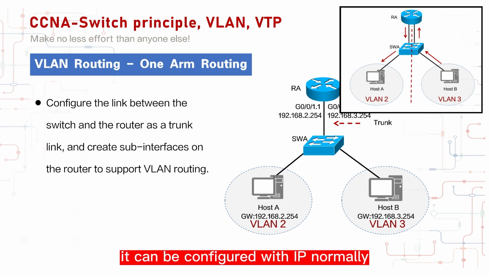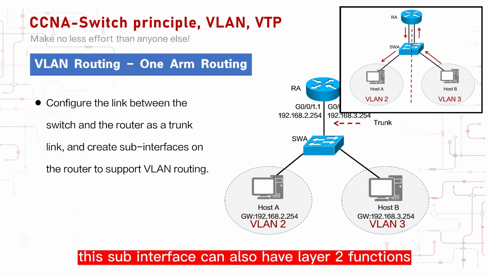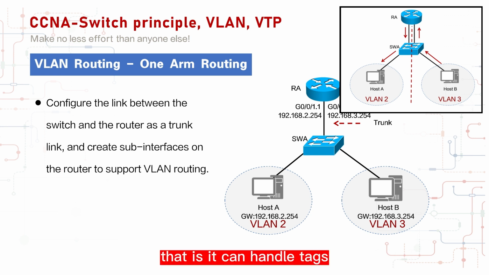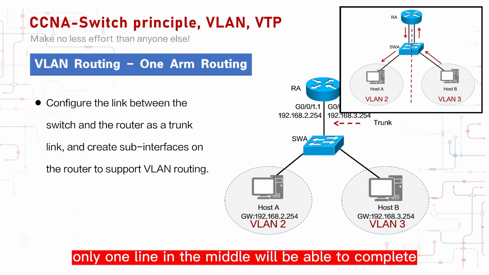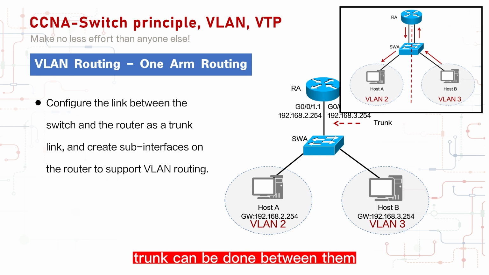It can be configured with IP normally. Secondly, this subinterface can also have layer 2 functions. That is, it can handle tags. Now it means that only one line in the middle will be able to complete it. Trunk can be done between them.